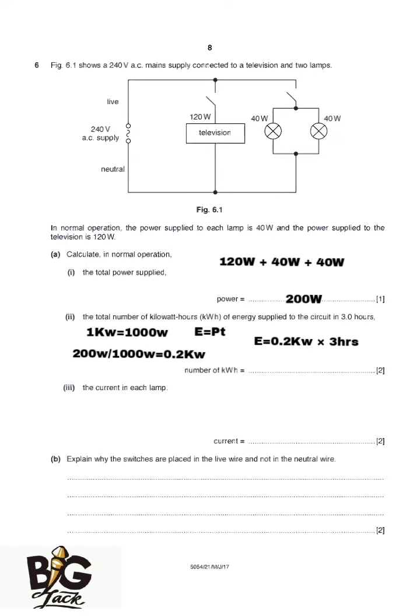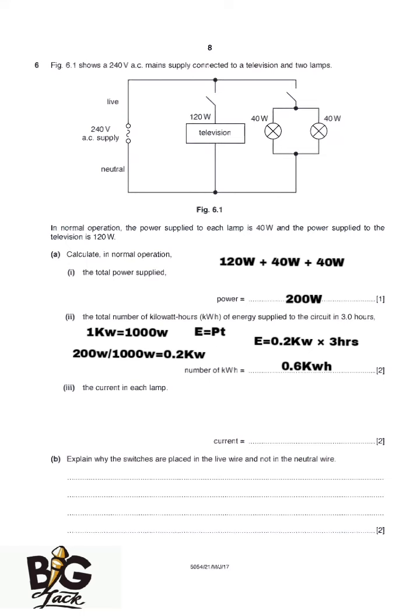The answer is 0.6 kilowatt hour, which is our energy supplied to the circuit in 3 hours. When you're calculating the cost of electricity, you also need to make sure that power is in kilowatts.